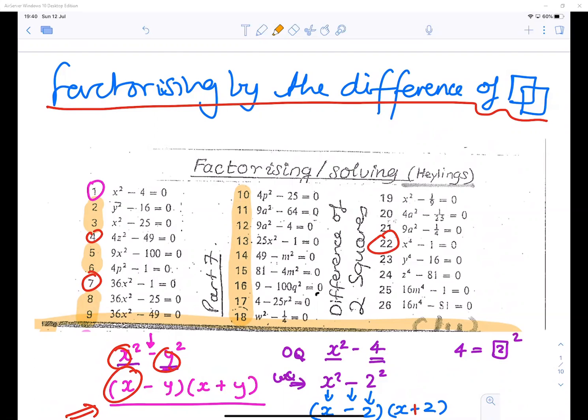Questions 2, 3, 5, 6, 8, 9, 10 to 18. I'm going to pause the video. I'm going to give you about 5 minutes on the timer. Can you see the highlighted questions for you? Go. Anybody who needs help, ask for help.